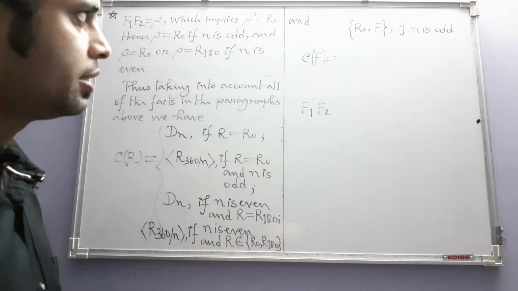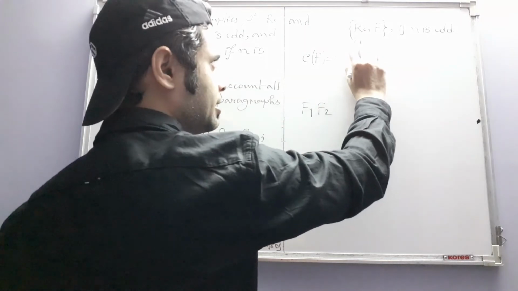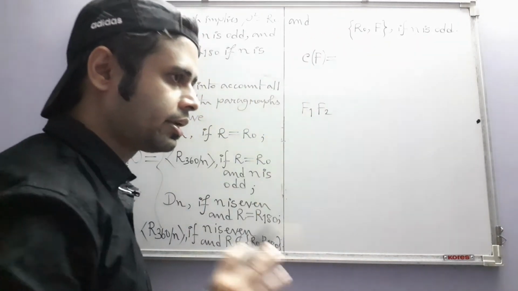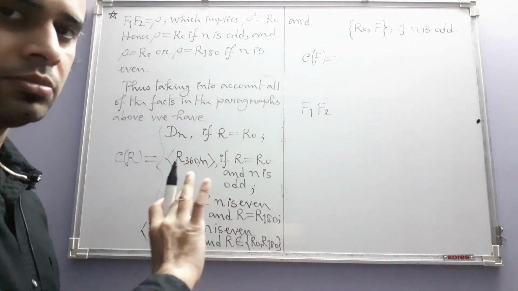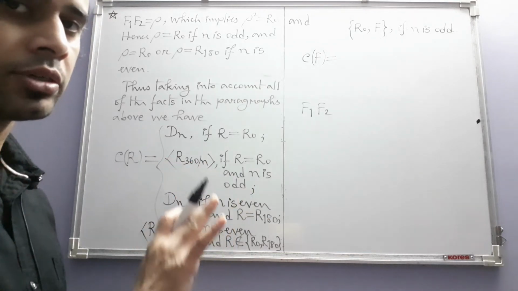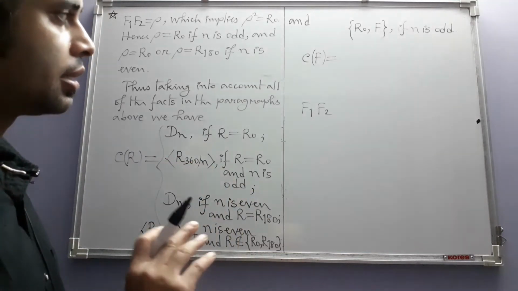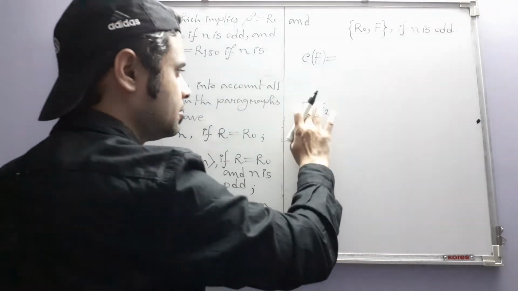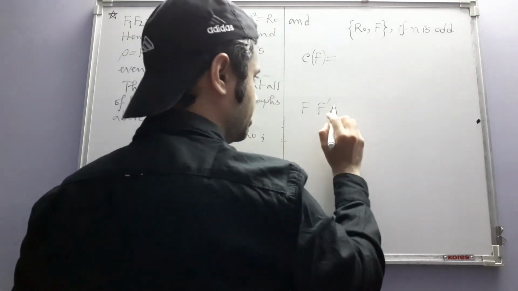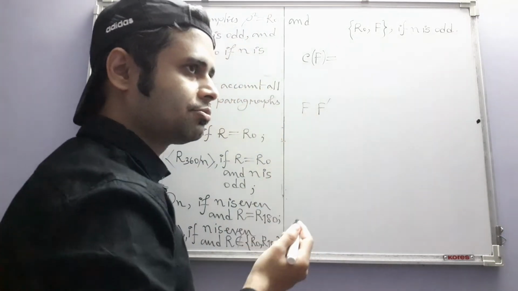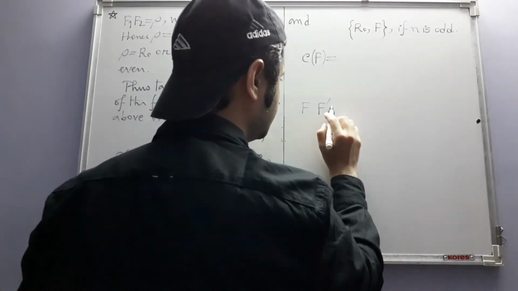Okay, so that thing is there. So that rotation has come inside the centralizer of F. So rotations, we have dealt with rotations. No other rotation will come inside the centralizer. Now what about the reflections? Say F commutes with F prime. Think of F as F1 and F prime as F2.